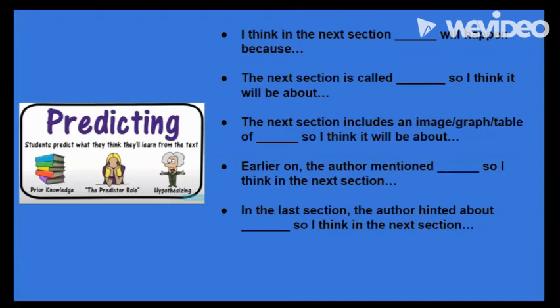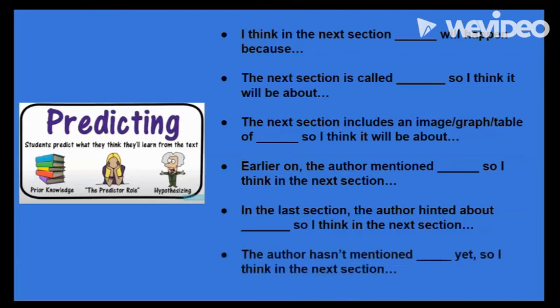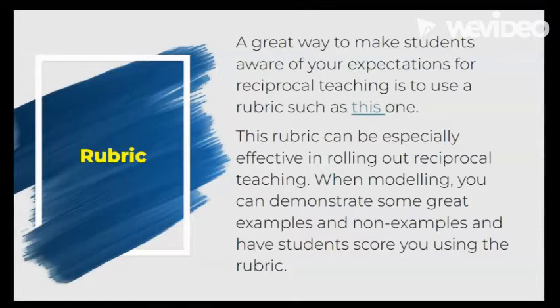So we're going to see words in their stems like because, or because of the title of the next section, or because I'm looking ahead and I see this image or this graph or this table, or earlier on the author mentioned this. So it's really important that we're teaching the students to make these text-based predictions and not just these wild and crazy predictions that have no grounding in the text.